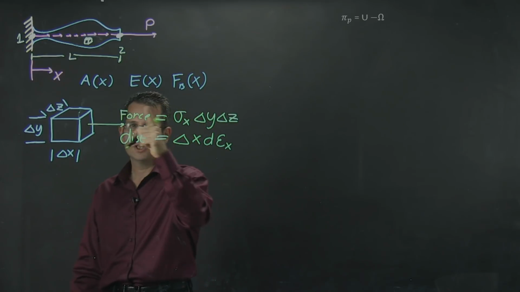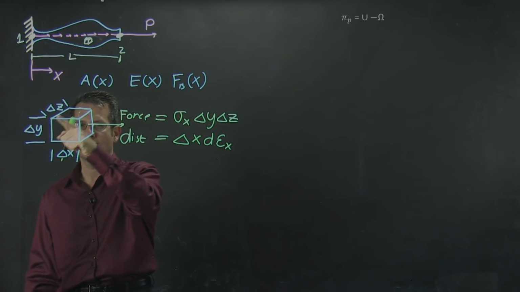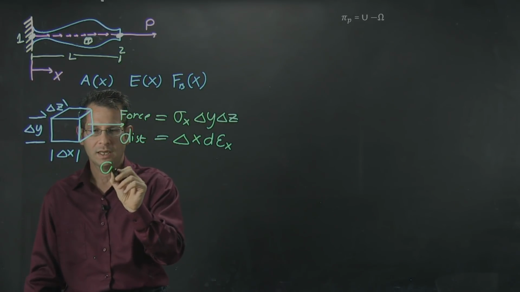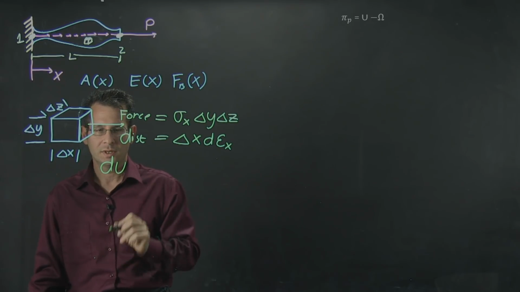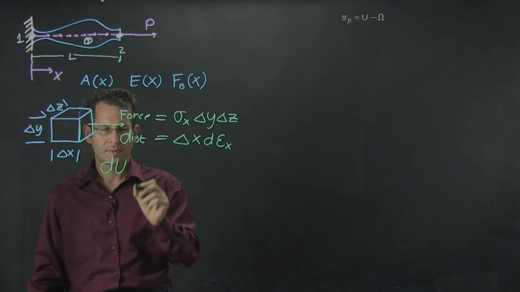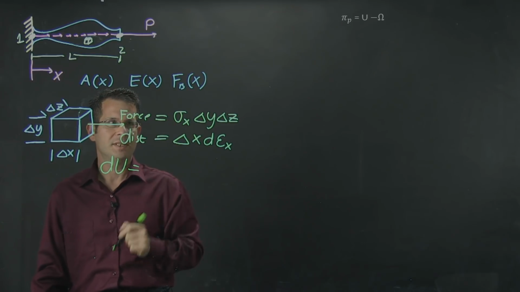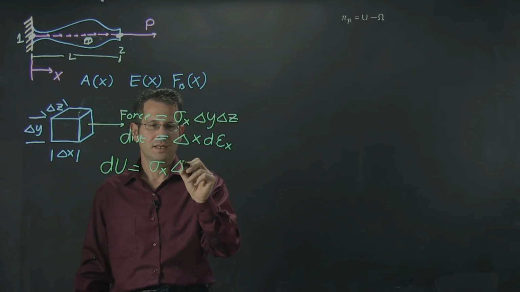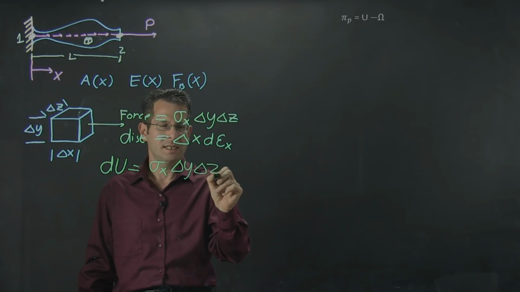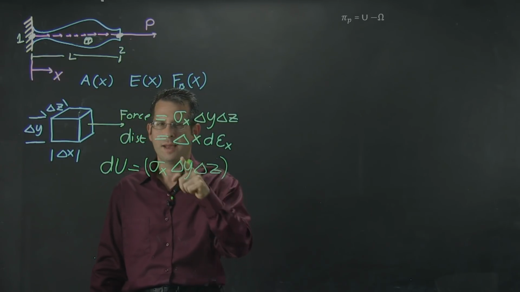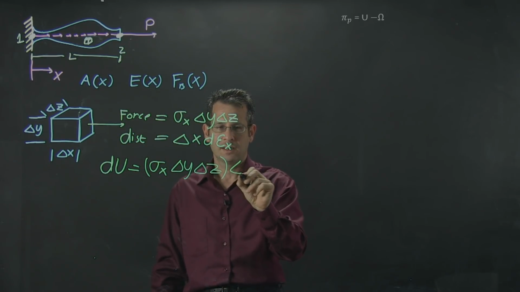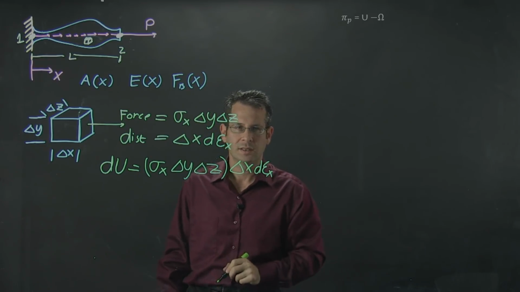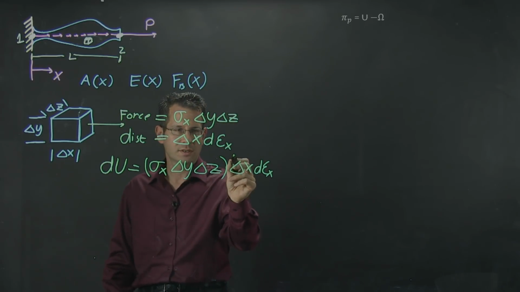So my total strain energy inside this differential volume, dU, big U, is force times distance. That's my stress, dy dz, times my distance, dx d strain.